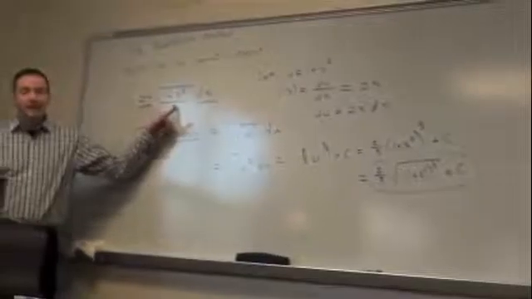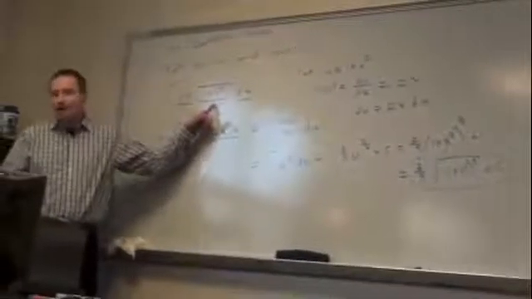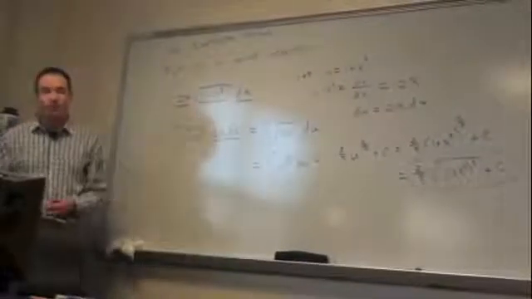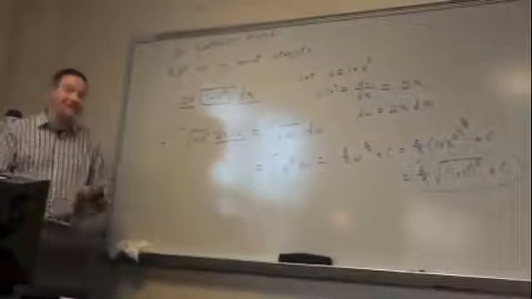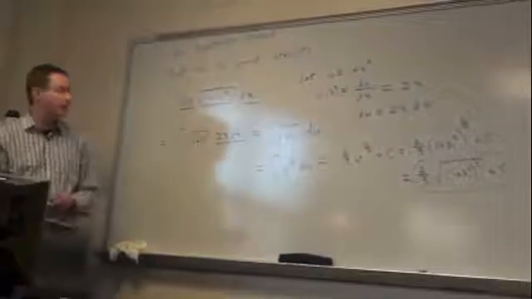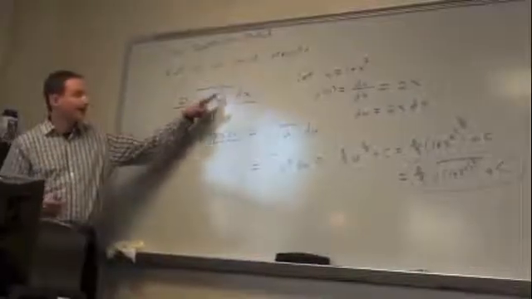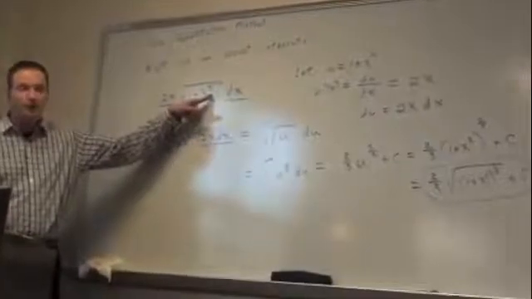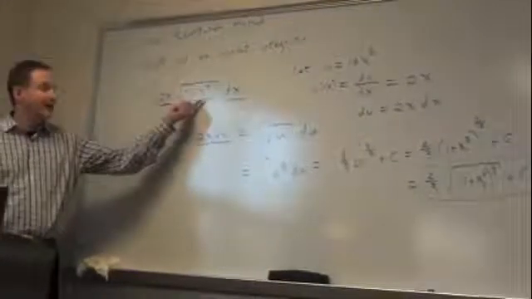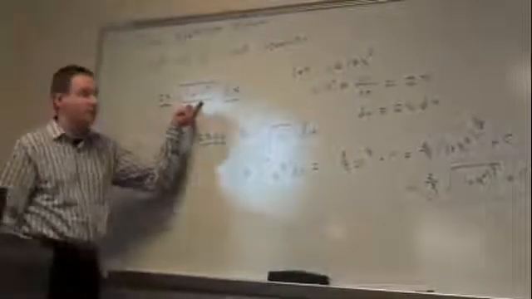So all I've done is I took a problem that I didn't know how to integrate in that form. It was not in a form where I could use my power rule. So I said, let's somehow use substitution in order to get it into a form where I can use my power rule. And the way I did that is I just looked, well, this group inside the square root looks overly complicated. Let's simplify it by just calling it a different variable u.